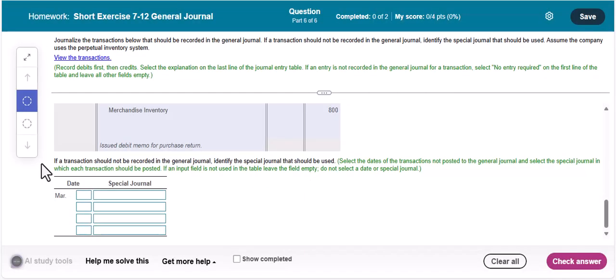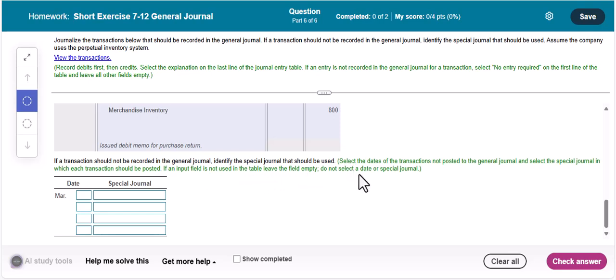And then in the final portion of the problem, it's asking us here if a transaction should not be recorded in the general journal, identify the special journal that should be used. Select the dates of the transactions not posted to the general journal and select the special journal in which each transaction should be posted. If an input field is not used in the table, leave the field empty.